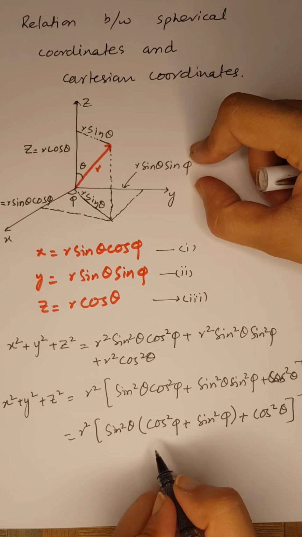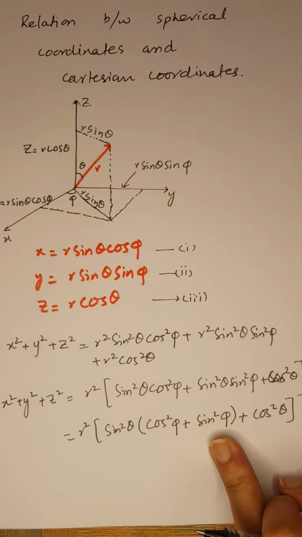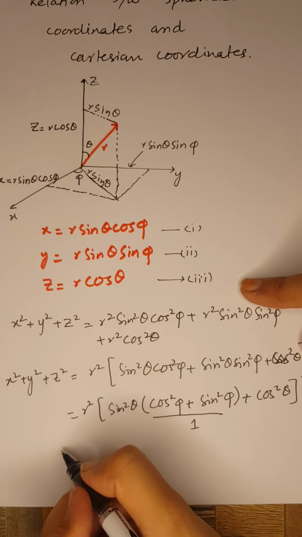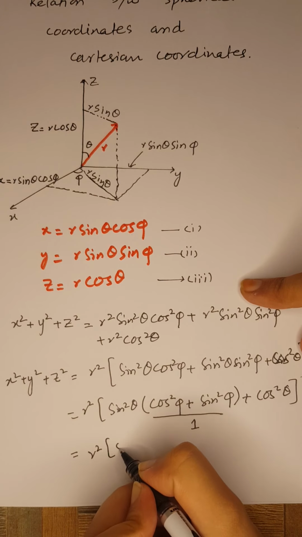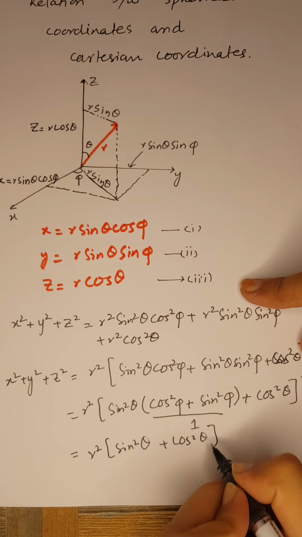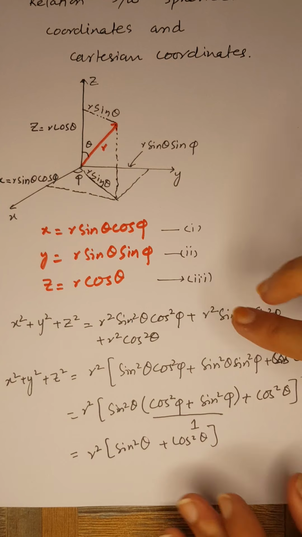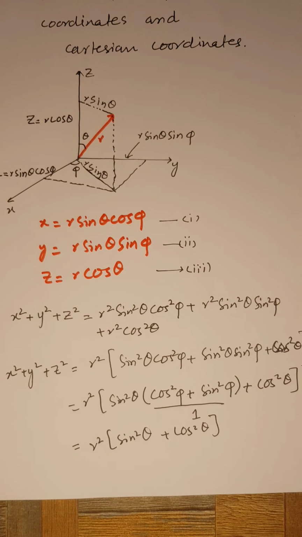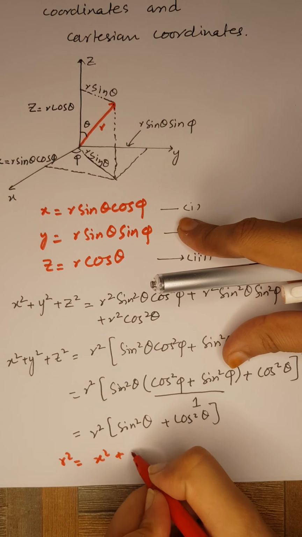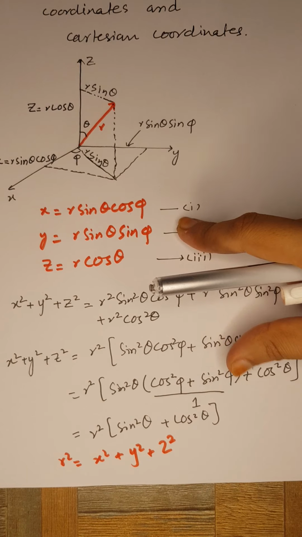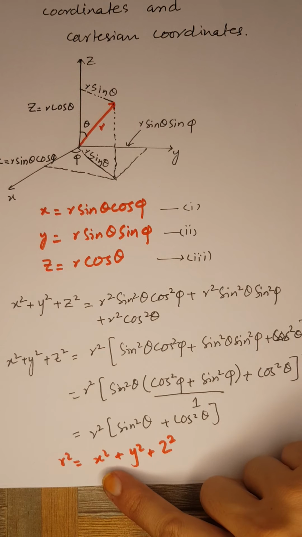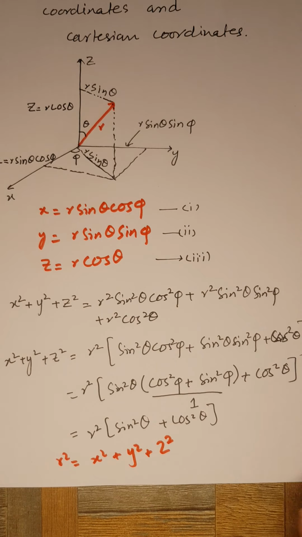From the trigonometric identity we know that sine square plus cos square is equal to 1, so that term will be replaced by 1 and we will be left with r square times sine square theta plus cos square theta, and again by applying the trigonometric identity we get the very important result, that r square is equal to x square plus y square plus z square. Fine. So this is the first component that is linked with the three Cartesian coordinate components.